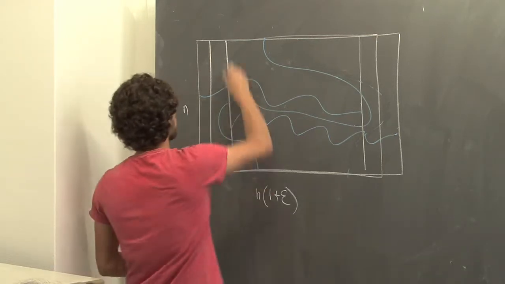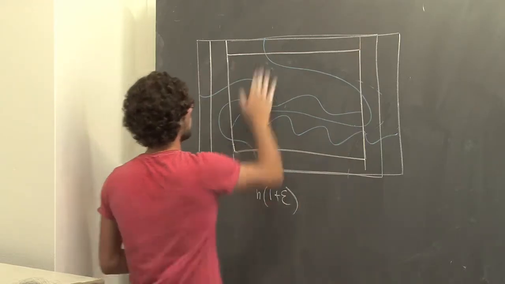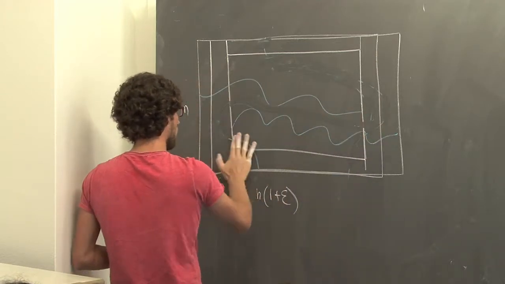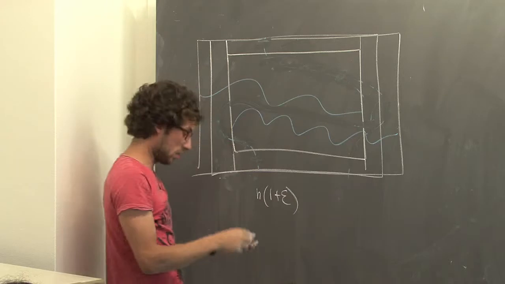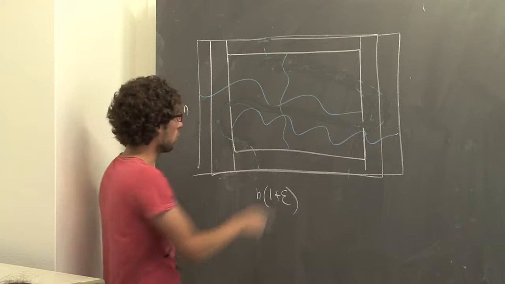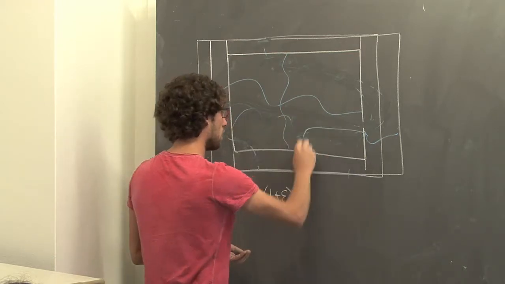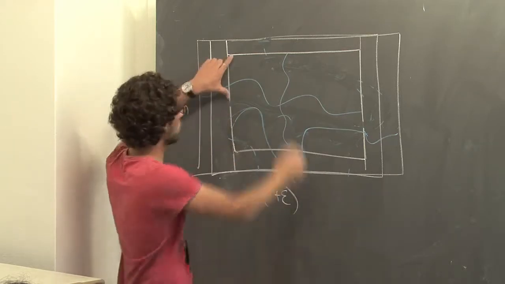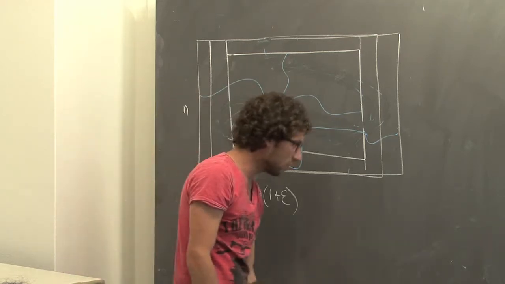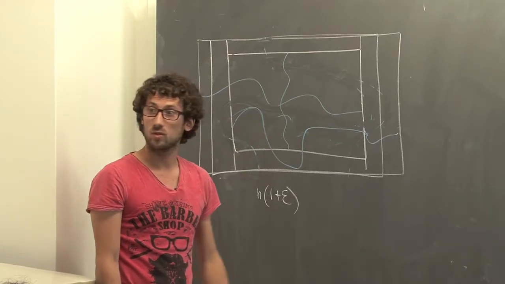So maybe I take a box like that. Like that, I'm really certain that the guy is going to intersect these two paths, right? So it seems like I won. But why didn't this guy do like that? He had the right to do like that. He had no reason to stay in this small box. So basically, all the drawings you are going to do with these things are going to be insufficient to solve the problem.